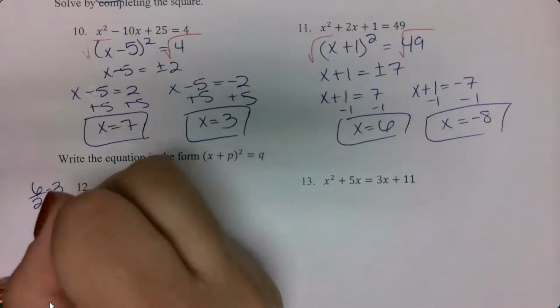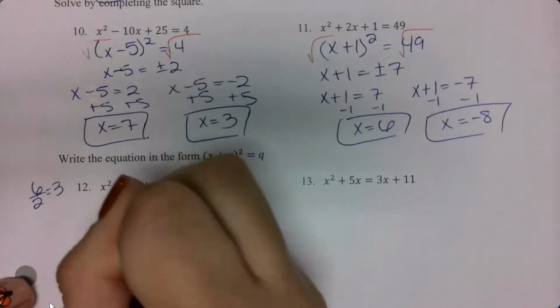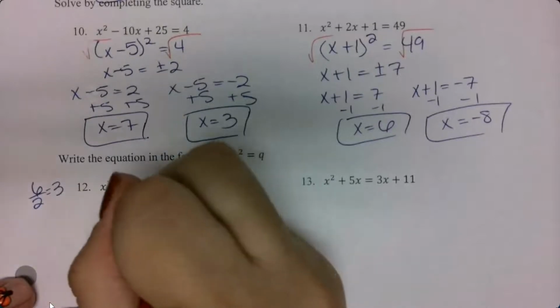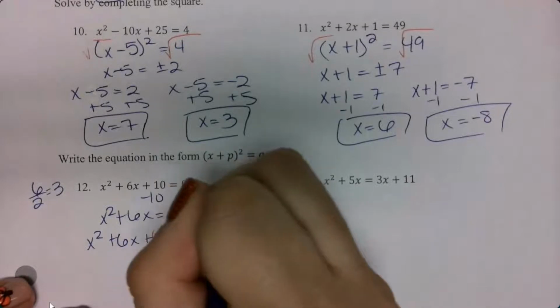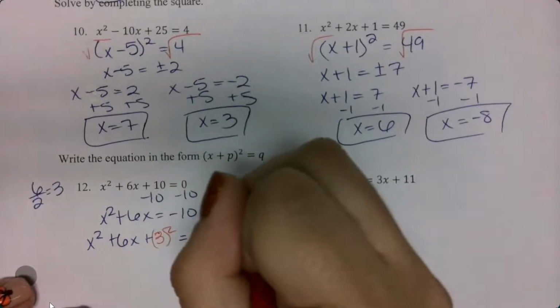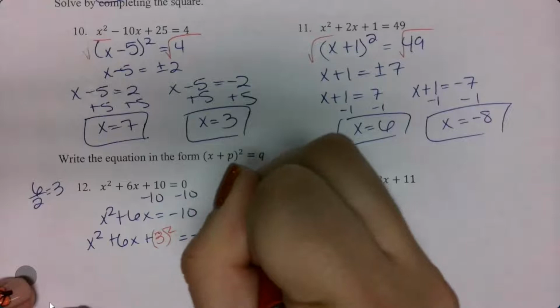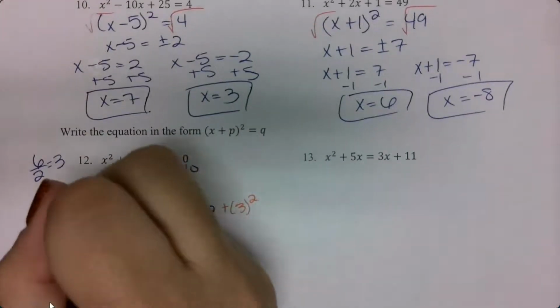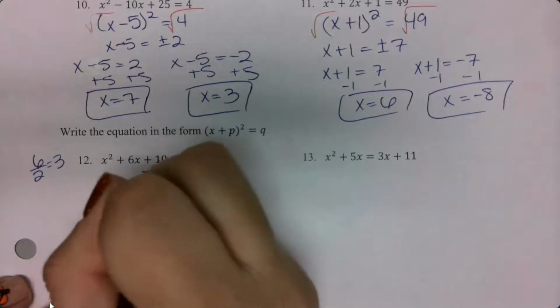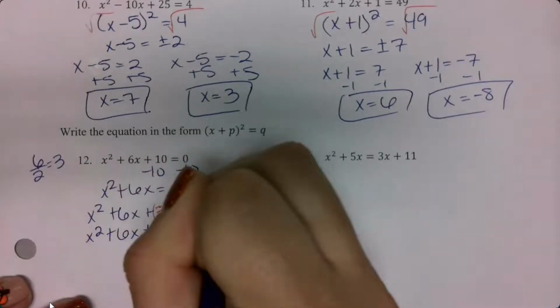So now I'm going to add 3 squared to both sides, because what I do to one side, I want to do to the other. Then I'm going to go ahead and rewrite 3 squared, which gives me 9.